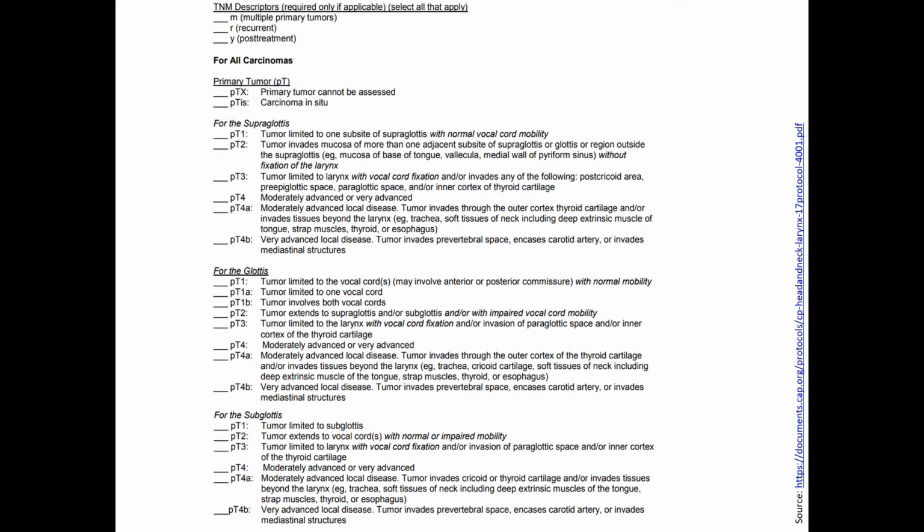So that's usually one of the first things I start looking for in the laryngoscopic reports, either in the operative note or in the one that they've done two or three weeks earlier. If I can document fixation, then I'm automatically at T3, and I can immediately stop sweating over where we are and what structures are involved. The only thing I'm looking for at this point is advanced disease to get me up to T4.